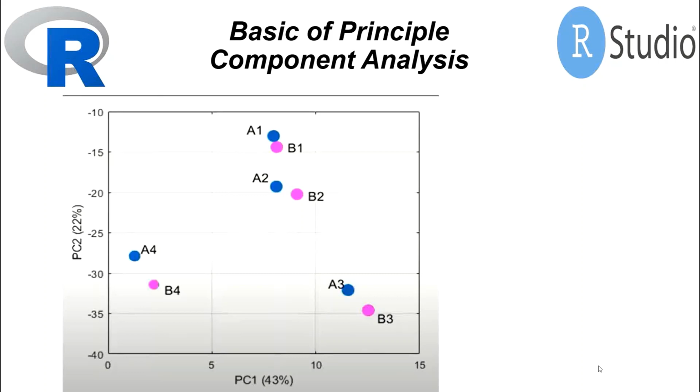And similarly, A3 is present along with B3 and A4 is present along with B4. What is it telling us? This is telling us that there is a considerable similarity between A1 and B1, and similarly, there is also a considerable similarity between A2 and B2. But A1 and A2 are quite different from one another.